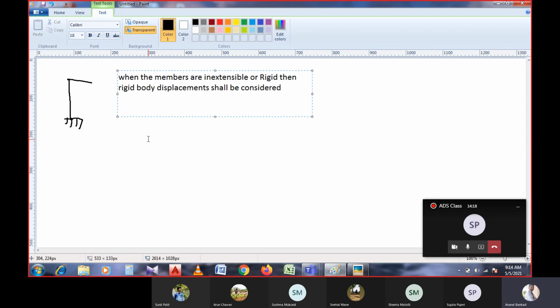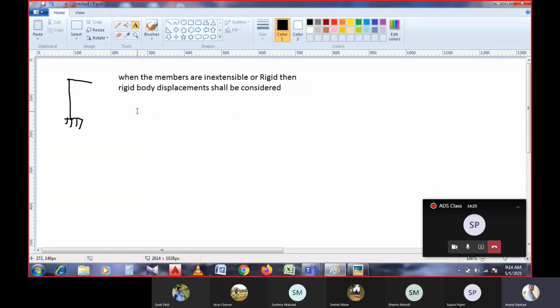So what are the rigid body displacements then? What is the meaning when the particular members are inextensible or rigid? Whenever the particular member, you can say it is a column or a beam, is rigid, it cannot extend or undergo tension because it is rigid.